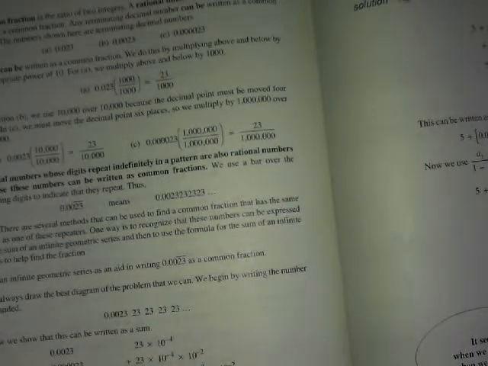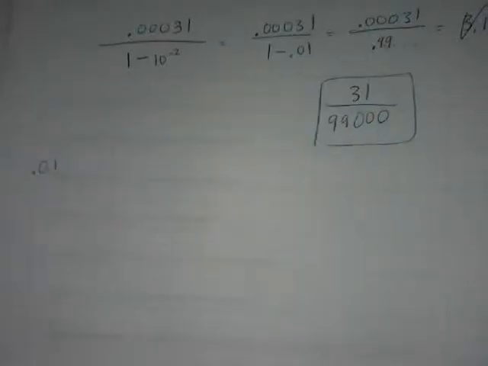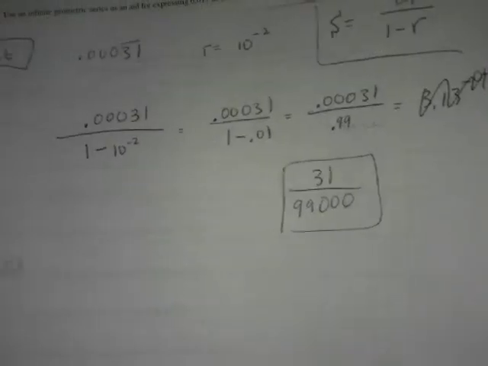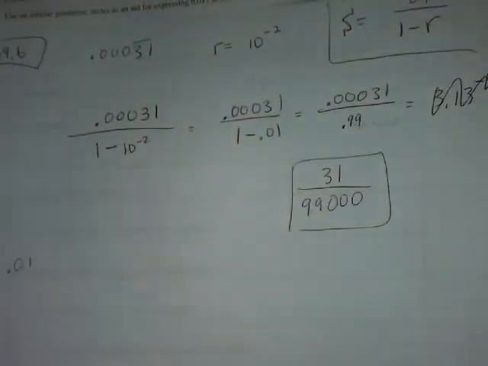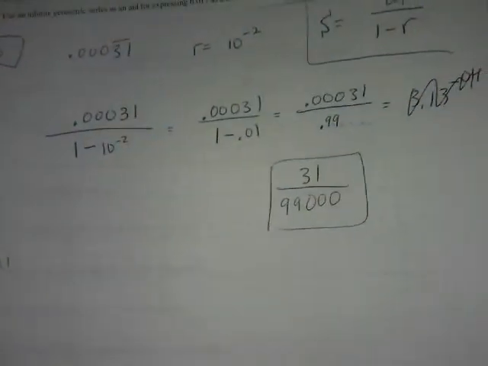They show how they broke the number up into little pieces that add up to make the repeating decimal. So really you can just use this as a sub 1. Put that on top, and then 1 minus 10 to the negative 2.